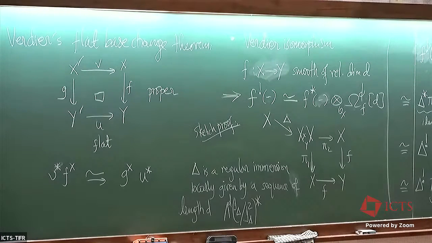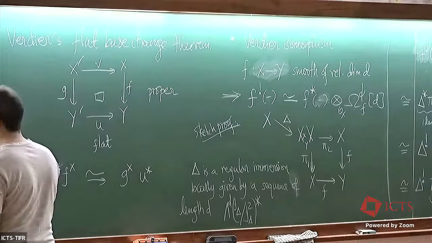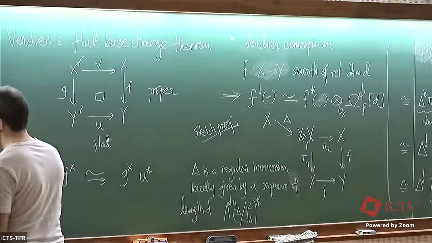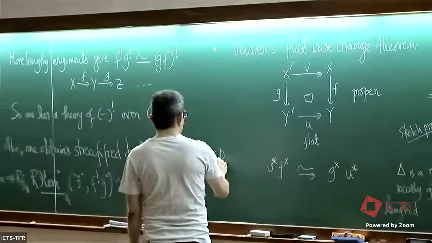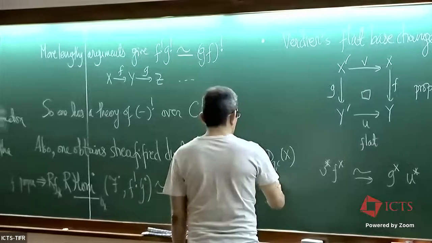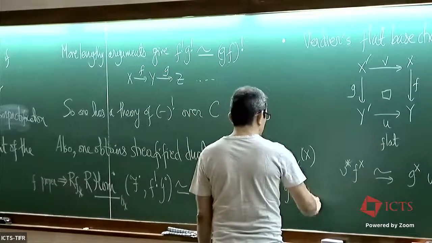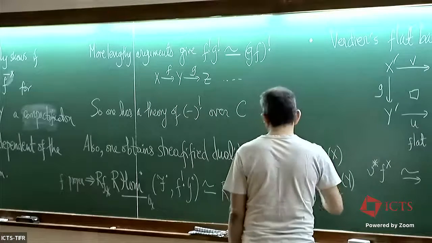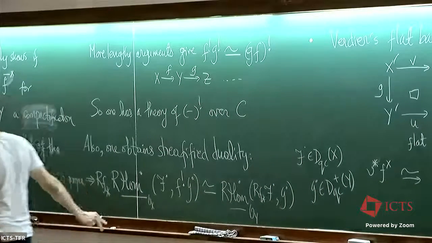Yeah, you need some assumptions on F, but those are not very big assumptions. So F dot, in fact, in this case, can be assumed to be in dqc of x, and G dot in dqc plus of y. And I think that's enough for this kind of isomorphism to hold.